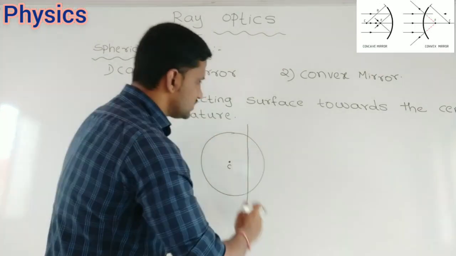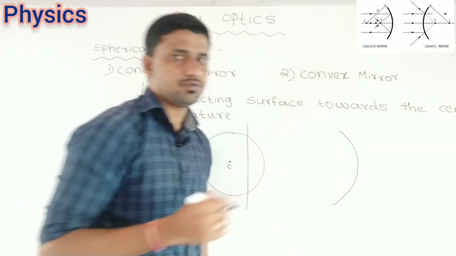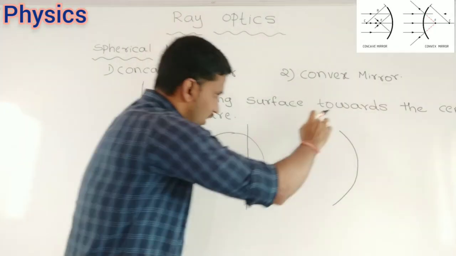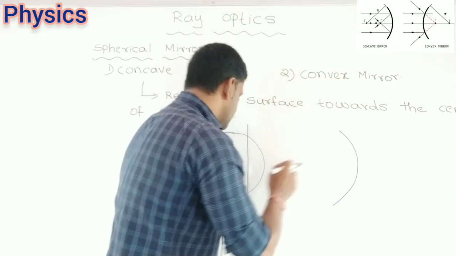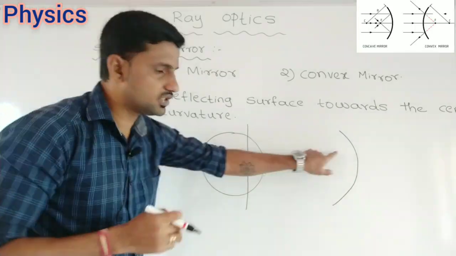If I separate this one, I will get a shape like this. This is also called the curvature of the sphere, and this is the center for this curvature.